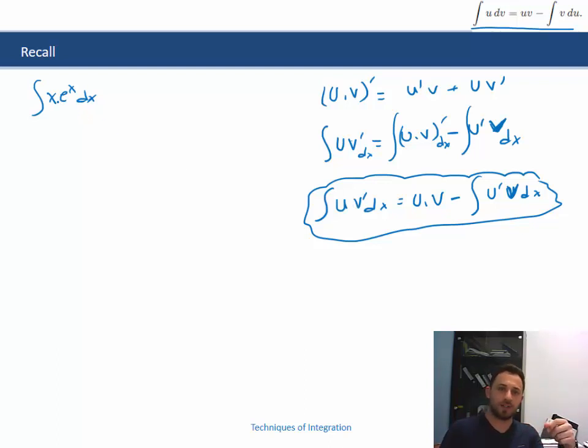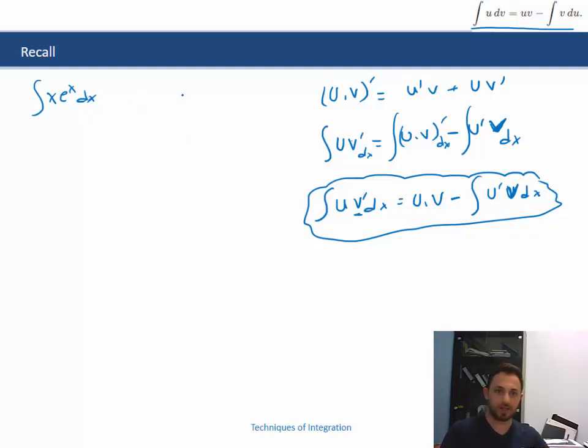For instance, if I take v' as e^x and I integrate it, it gives me e^x, the same. So there is a minimum change. However, if I took v' to be x, then v will be x squared over 2, so we have a huge change. So always choose v', the one that gives you a minimum change once you integrate it.